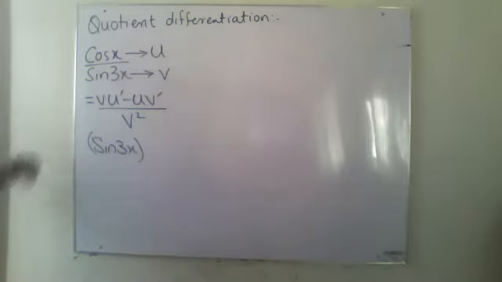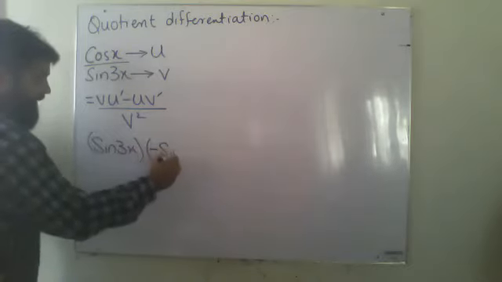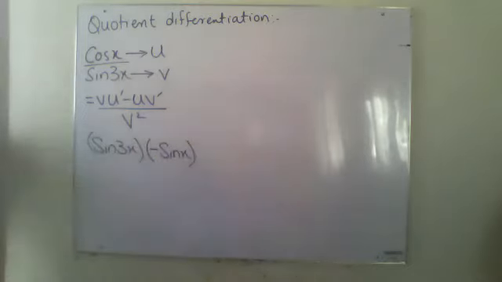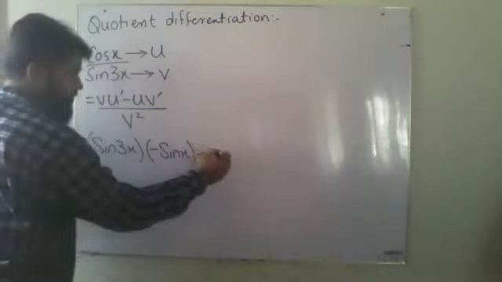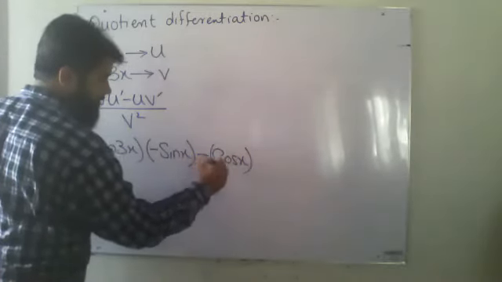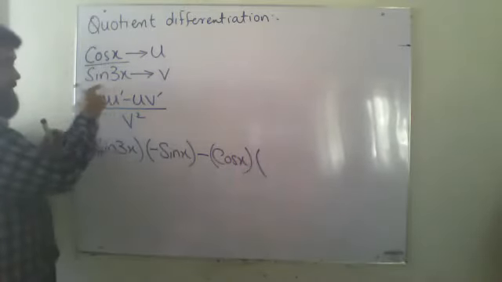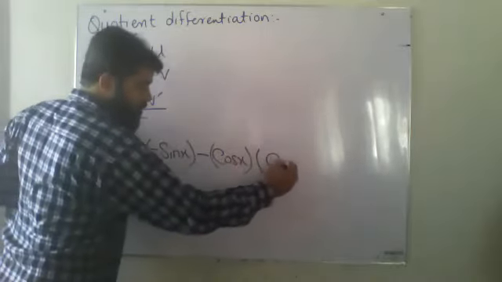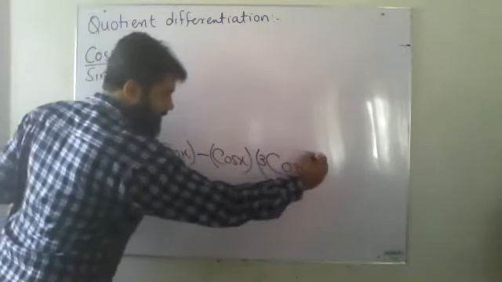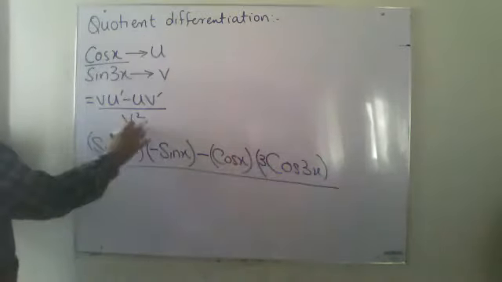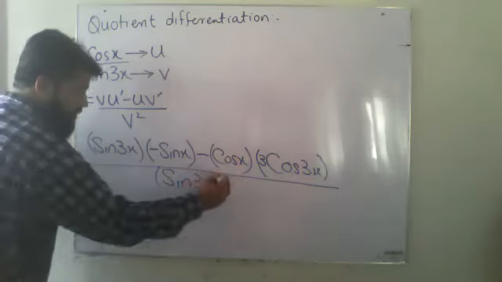U differential. So the differential of cos x will be minus sine x. All of you know about this one. Minus u. What is u? Cos x. Differential of v. So the differential of sine 3x will become cos 3x, and then the differentiation of 3x will be 3, upon v square, meaning sine 3x whole square.